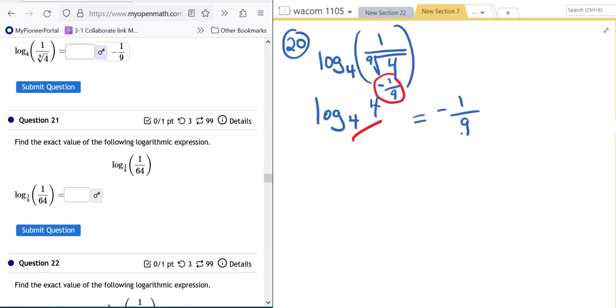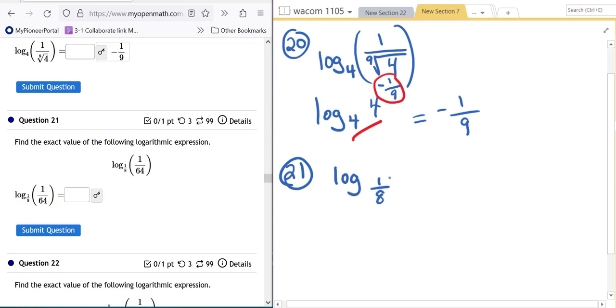I had to think about this one a little bit. We have the log base 1/8 of 1 over 64, and we need to write this as 1/8 to some power. 1/8 would already have this in the denominator, so if we make the 64 into 8 squared, we would be there, even though it looks a little hard.